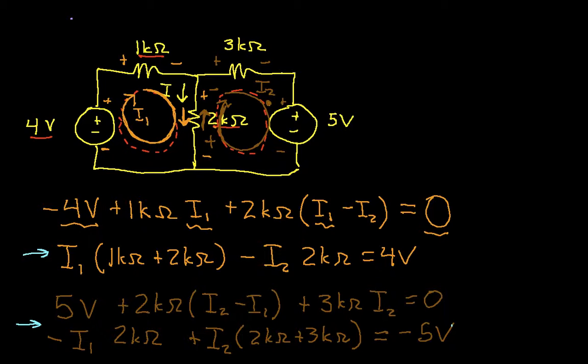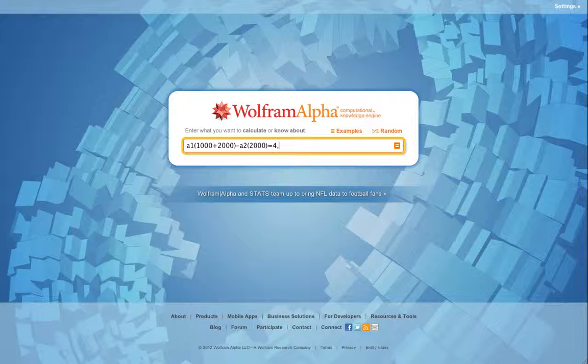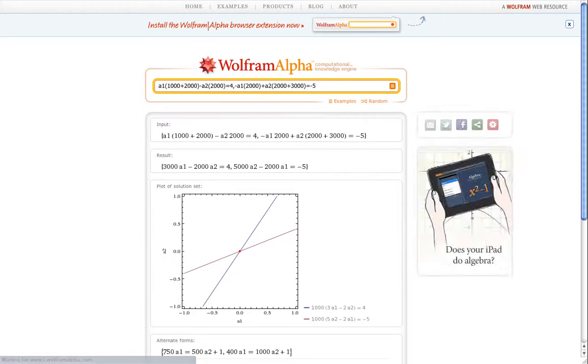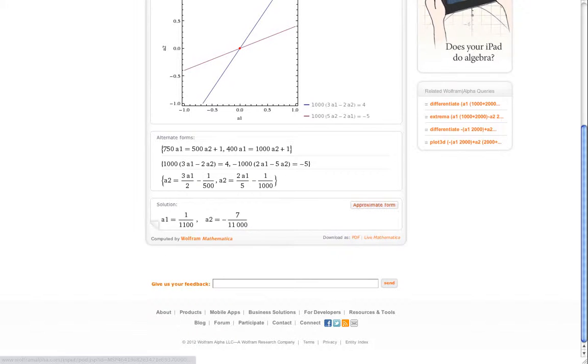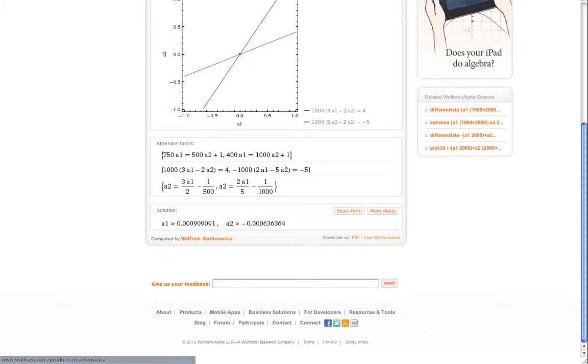Now we'll do the second equation. So we have minus A1 times 2 k ohms plus A2 times 2 k ohms plus 3 k ohms, and this is equal to minus 5. So if I put these in correctly, we hit return, and Alpha gives us, wow, even a plot of the solution set, and gives us a solution in approximate form.